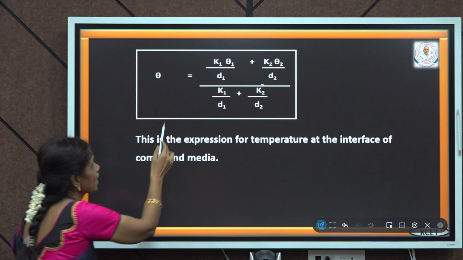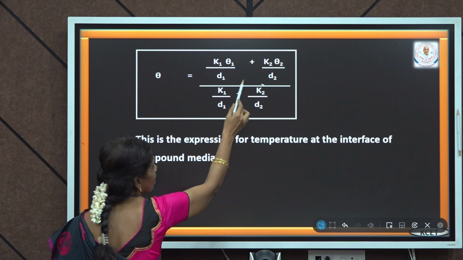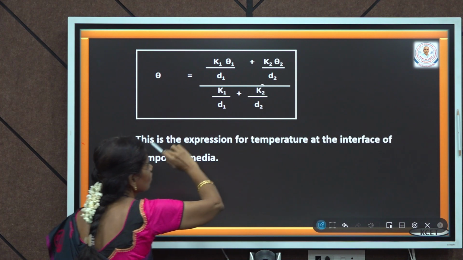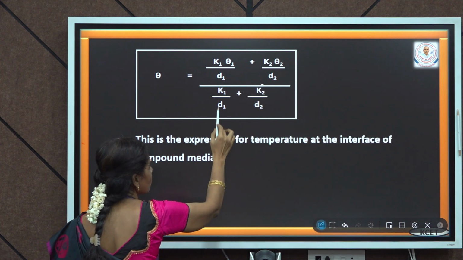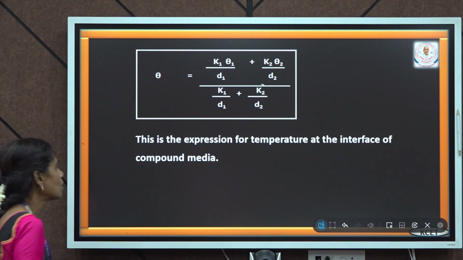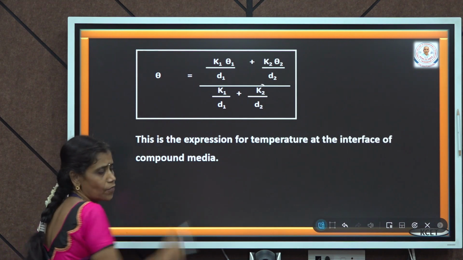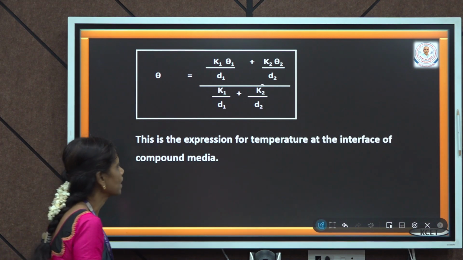We get the expression for theta as K1 theta 1 by D1 plus K2 theta 2 by D2, the whole divided by K1 by D1 plus K2 by D2. Now, we have determined the temperature at the interface of the compound media.